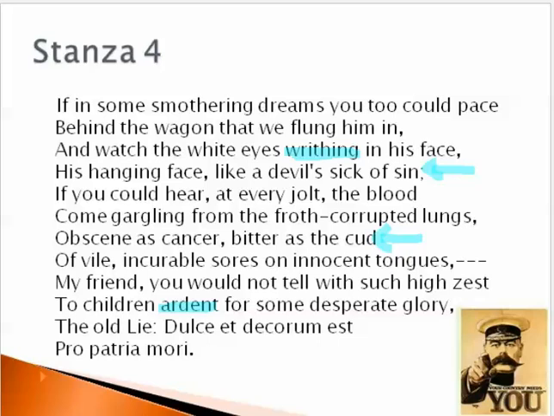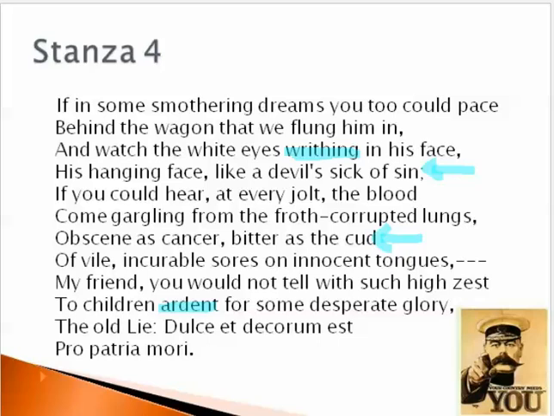Ardent would be along the lines of wanting. It has to do with enthusiasm and being passionate about something. Okay, so wanting something so passionately. So to children passionately wanting, basically, some desperate glory.